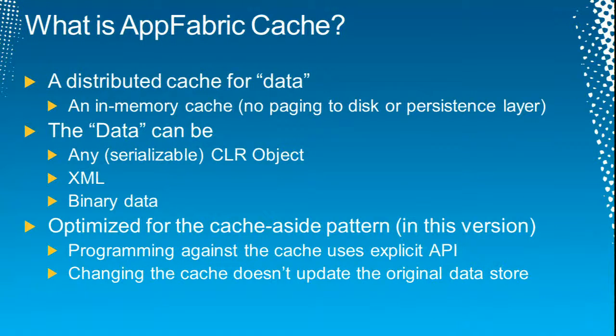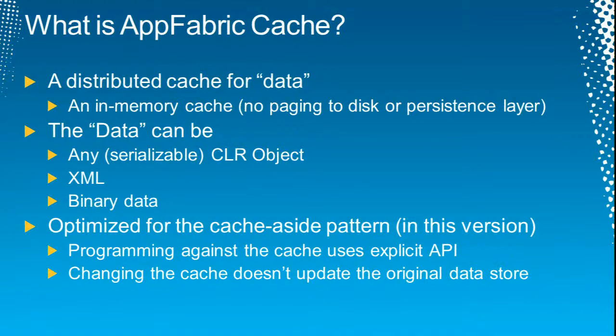Cache aside pattern means the way you're going to use the cache is going to follow a certain pattern of code. You'll look to see if the object you're interested in is in the cache. You'll go to the cache and say, hey, cache, do you have object A? And if the cache says, yes, here's object A, and hands it to you, you use object A, and you go on your merry, happy way.